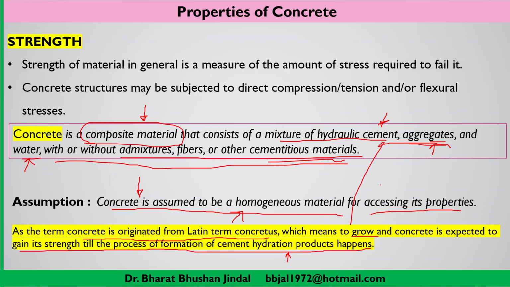Initially it was cement paste, then it became mortar, then this mortar will be able to bind all these aggregates to form a hard material, just like a rocky material. So sometimes concrete is also known as artificial rock.